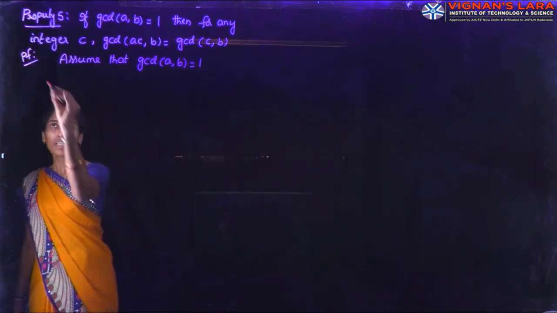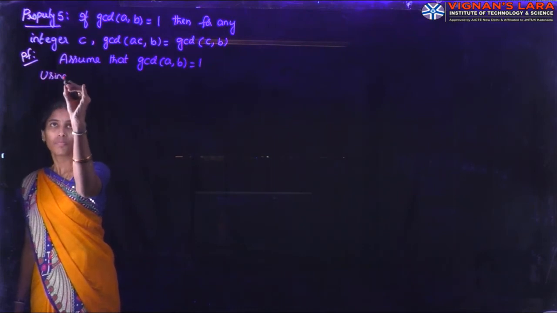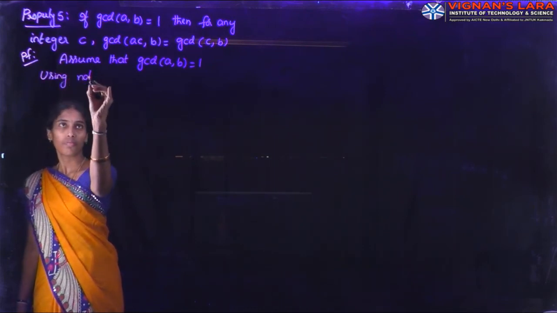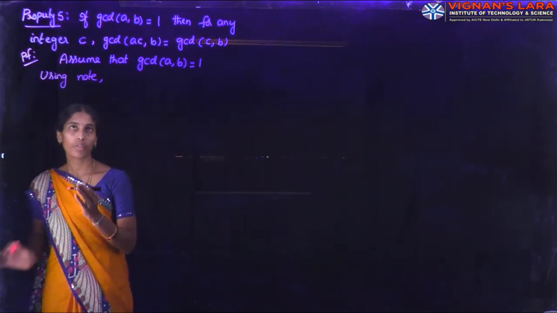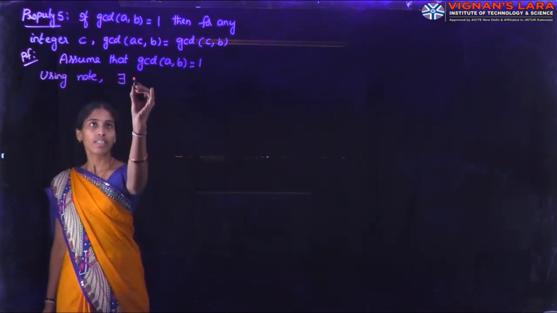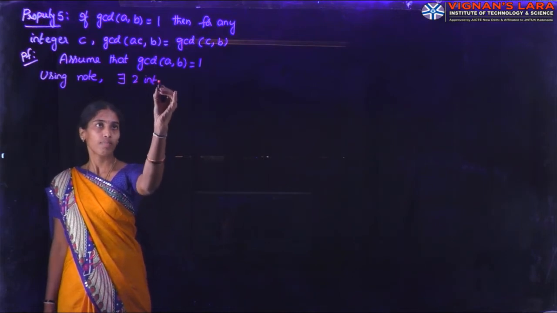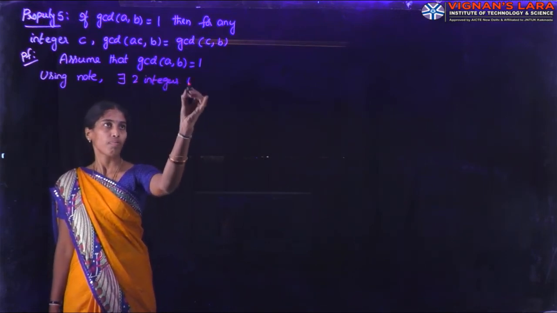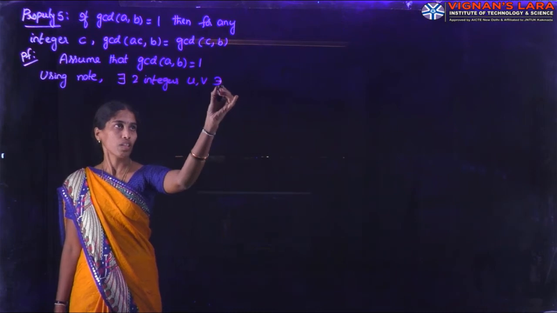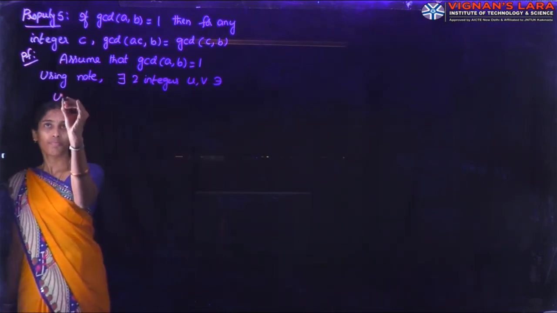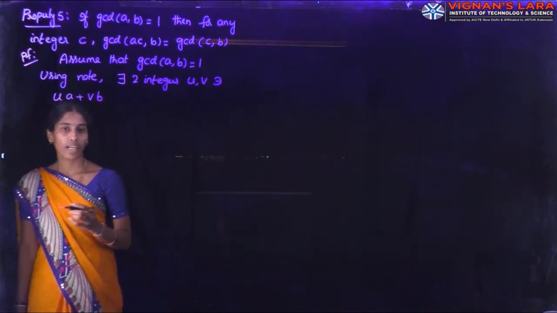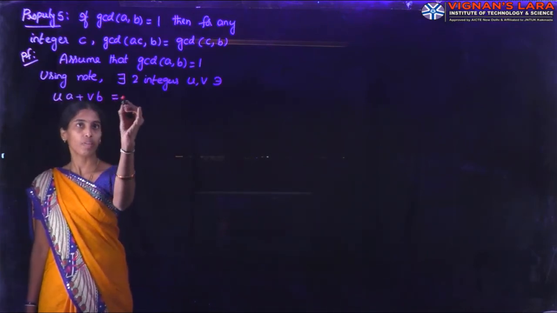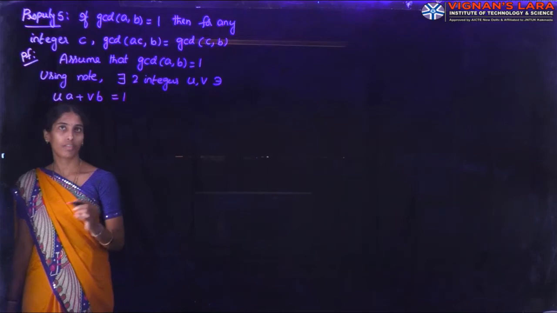Using the previous note, before property 1, we wrote one note. Using that note, there exist two integers U, V such that integral combination of A and B, that is UA plus VB is equal to 1.